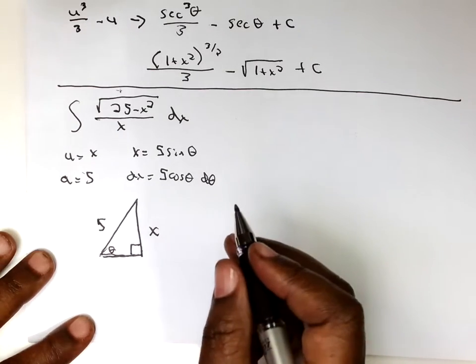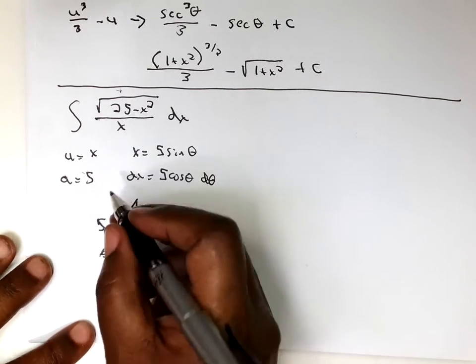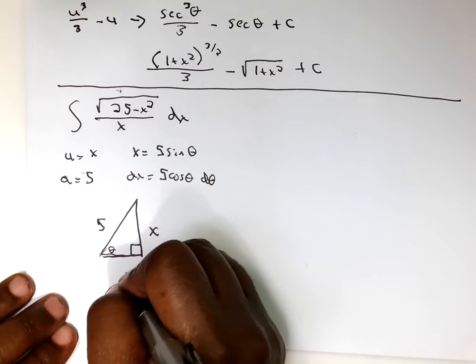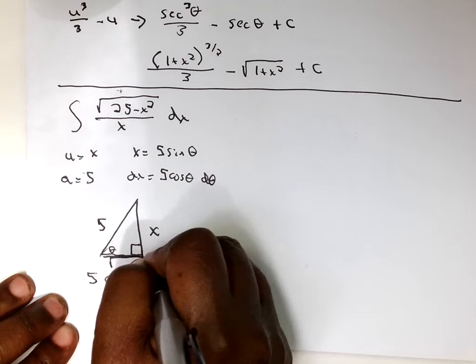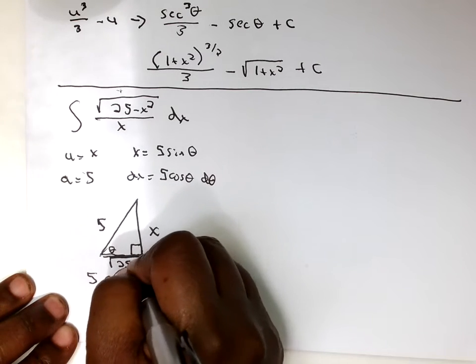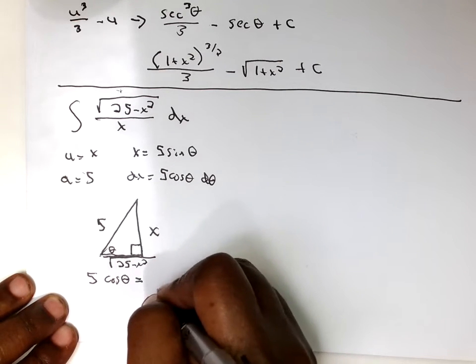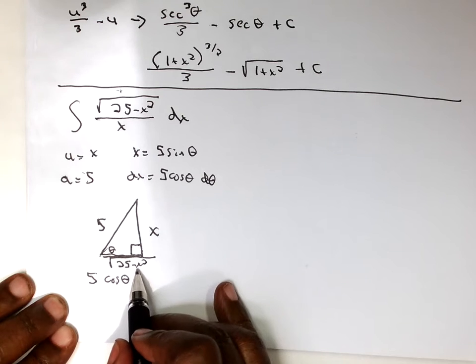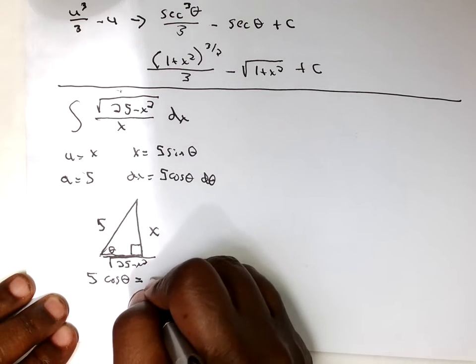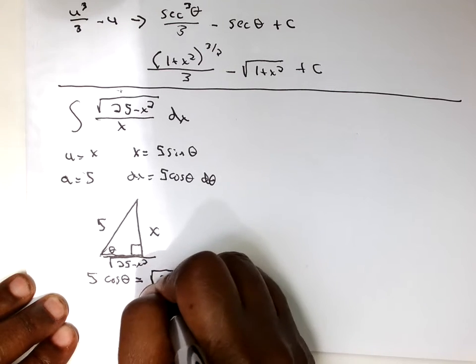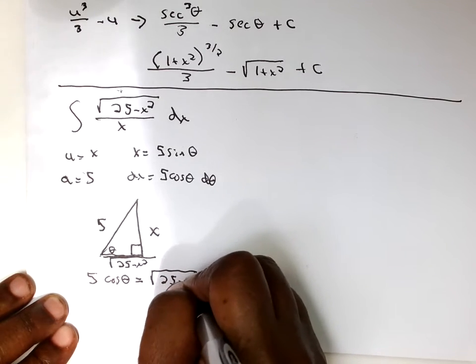And we're going to define cosine theta as square root of 25 minus x squared over 5. So just multiply the 5 and we get 5 cosine theta is the square root of 25 minus x squared.